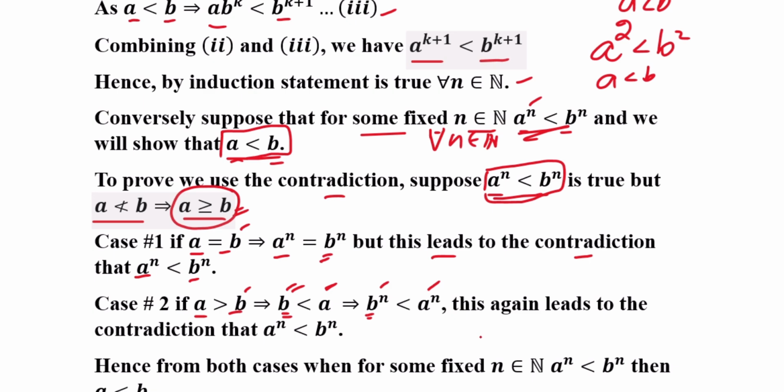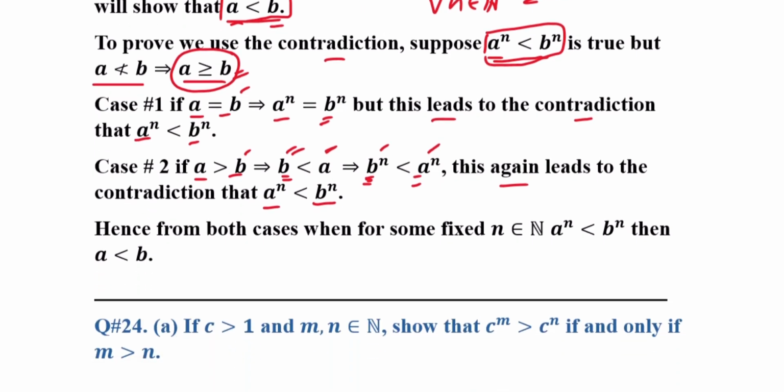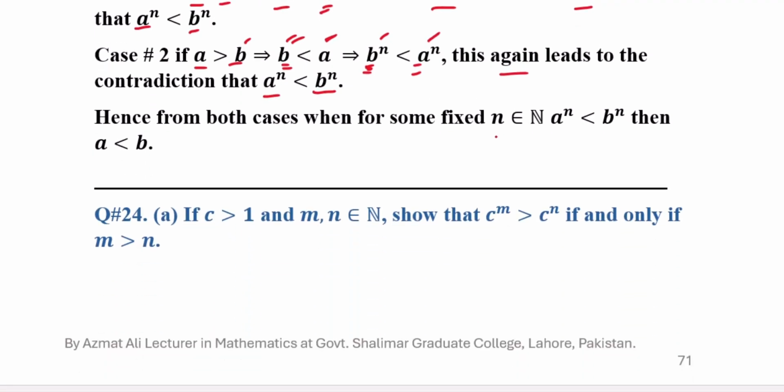This again leads to a contradiction, because we supposed that A raised to power n is less than B raised to power n. Hence, from both cases, for some fixed positive integer n, if A raised to power n is less than B raised to power n, then A is less than B.